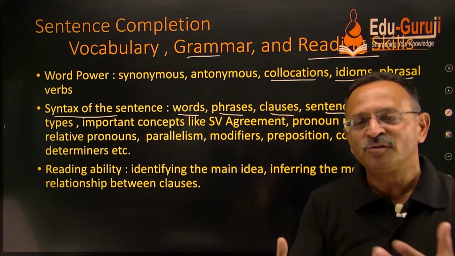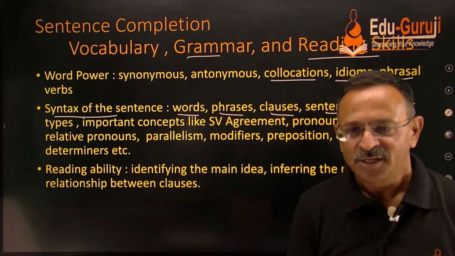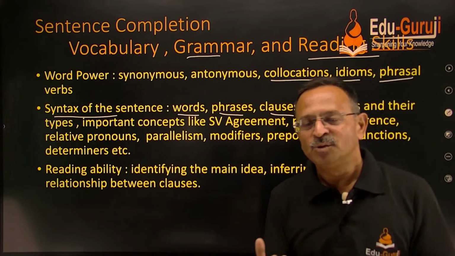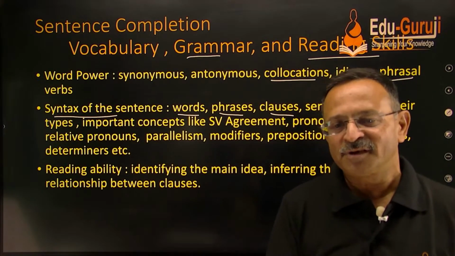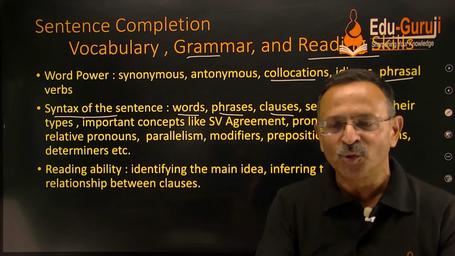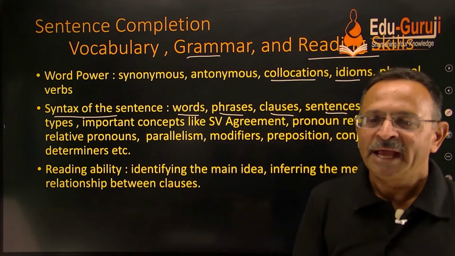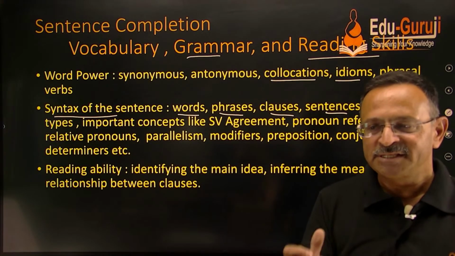which tend to come together, therefore they're called collocations. Like instant coffee or instant food. This is a sort of collocation. In the English language specifically, you have these collocations.